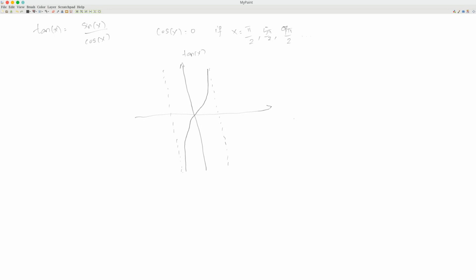And if you guess it correctly, this is 0 naturally, and that would be pi over 2. When x is pi over 2, tan pi over 2 is infinity. If it is negative pi over 2, tan negative pi over 2 would be negative infinity. And it is going to repeat over and over.